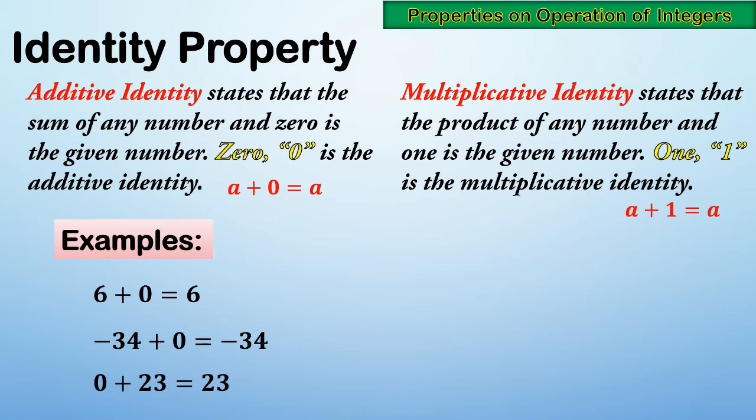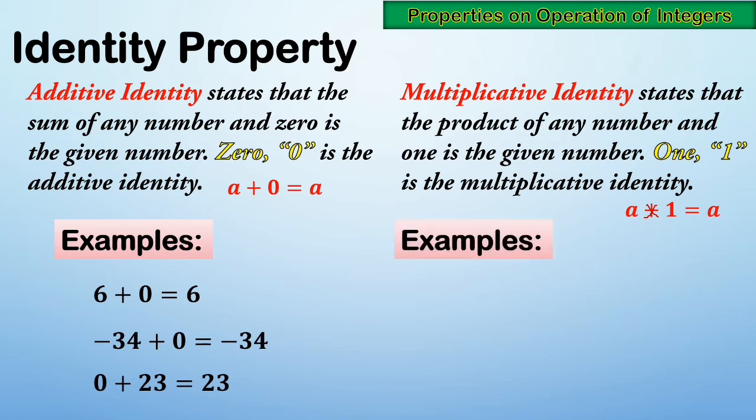Same with basta identity property. Okay? Then, that is multiplication, not addition. 8 times 1 is equal to 8.